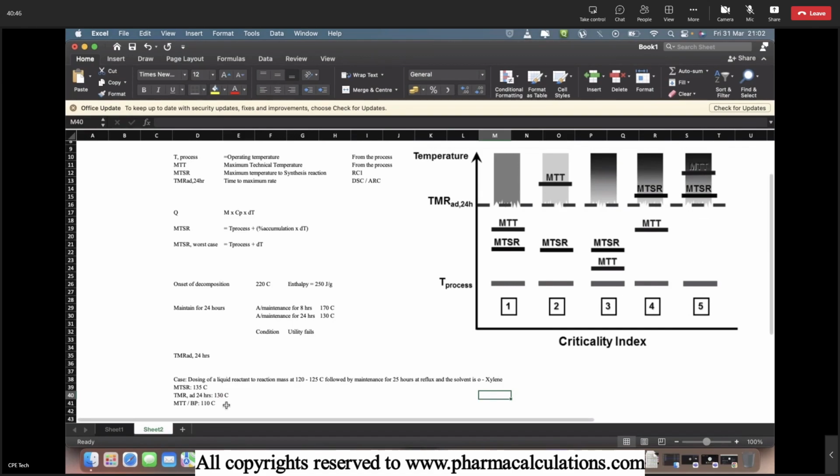In such a case, the operating temperature as well as the MTT are almost going to be the same. In this way you will be able to reduce the risk, and also ensure certain controls in the process, so that the process temperature is not going to reach the onset of decomposition. So here we have reduced the criticality from class 5 to class 4. This is how we need to provide mitigation plans whenever there is a high risk due to the available process designs.